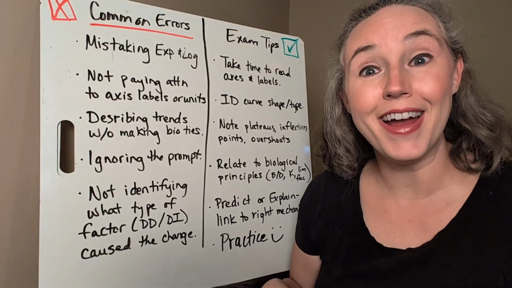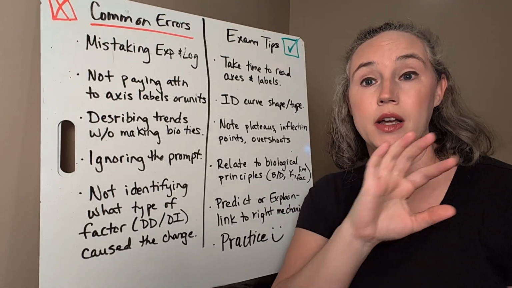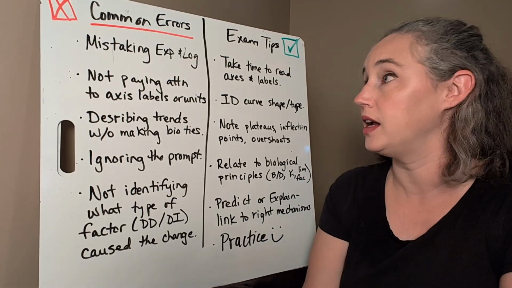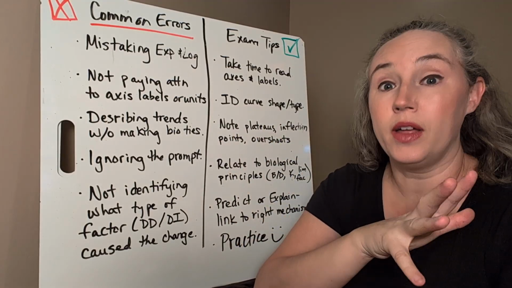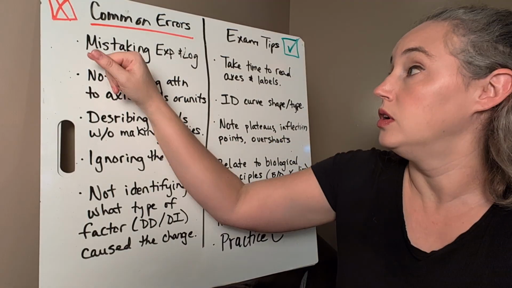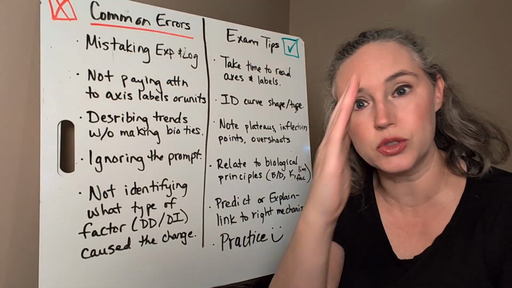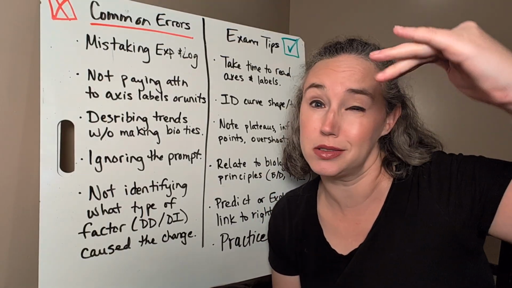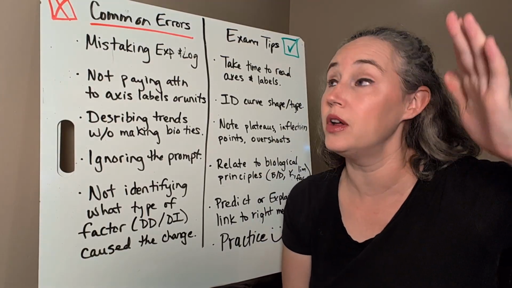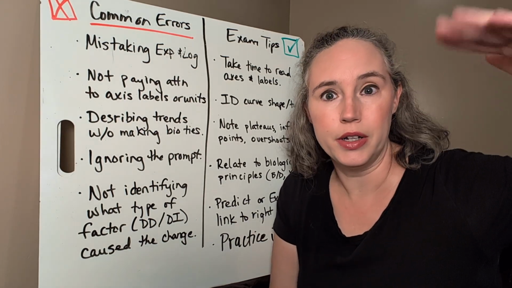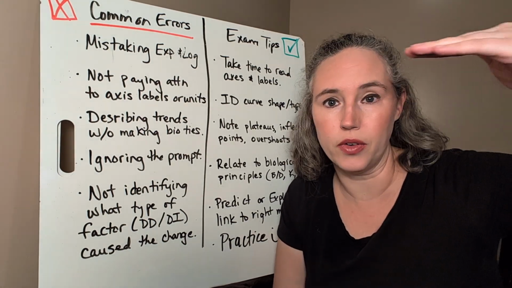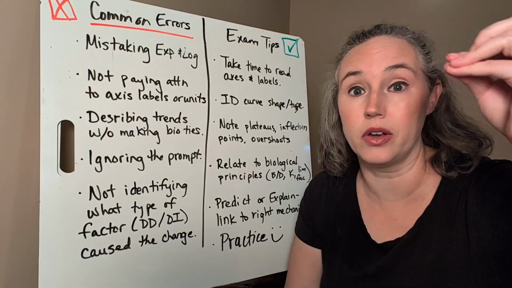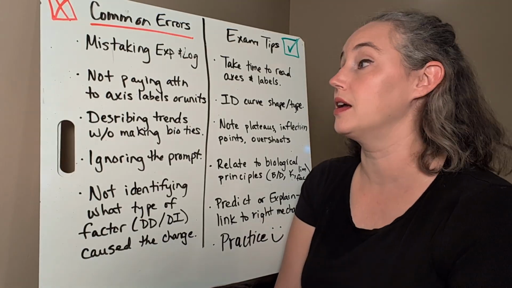All right, here we are at the end. So real quick, common errors that kids make when doing the actual AP exam or practice. One, mistaking exponential growth for logistic. So maybe they miss that logistic, where it starts to level or slow down, or they confuse the oscillation for what they're used to seeing as a straight line. So be sure not to make that mistake.